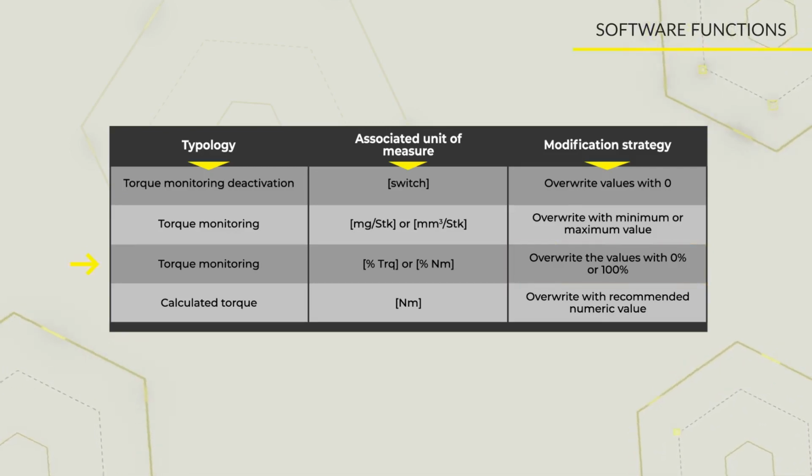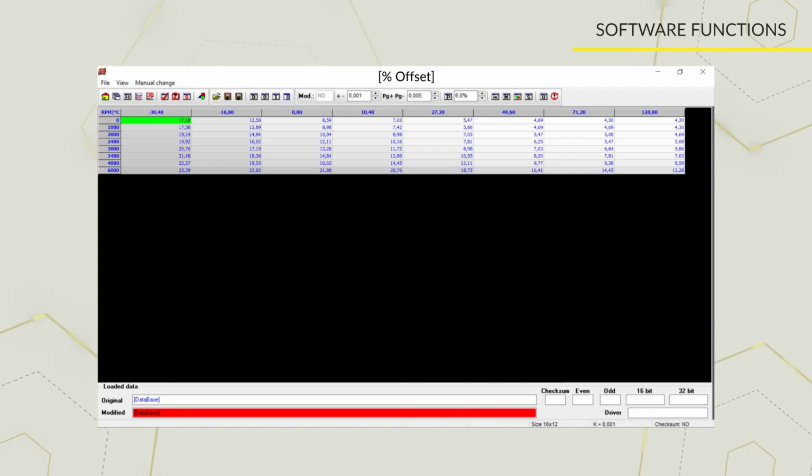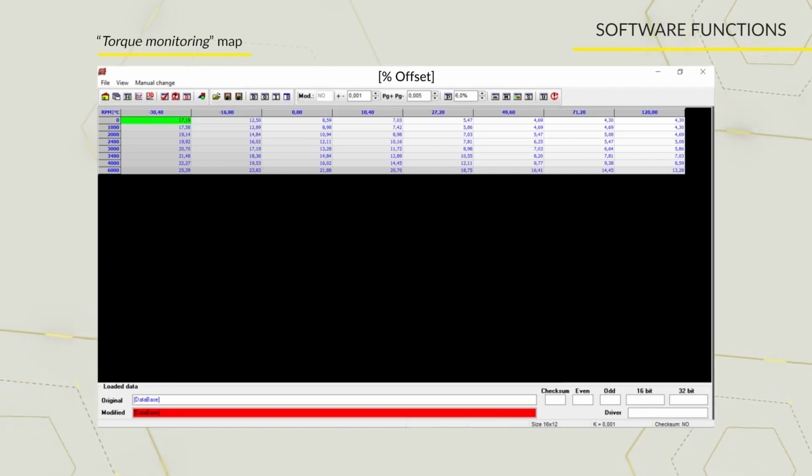Let's do some examples right away to clarify the ideas. Let's take the first map called torque monitoring as a reference, which is very common within the latest generation of 17 Bosch control units.